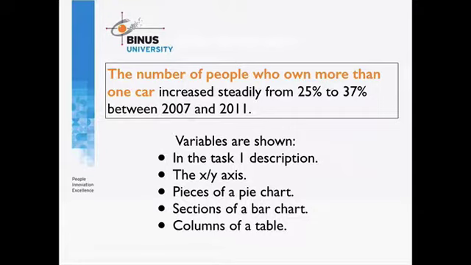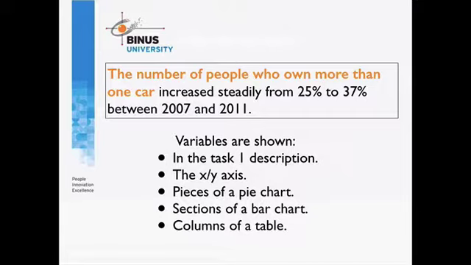Now, where can you find these variables? They are shown in the task 1 description when you read the data shows and so on. It might be the variable of the X or Y axis in a line graph. It might be pieces of a pie chart, that could be a variable, or the sections of a bar chart, or the columns of a table.